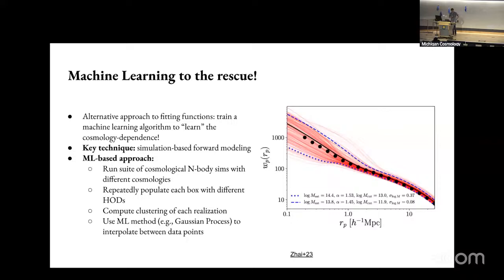Instead, you use a Gaussian process algorithm, which is a classical ML technique. This is not an AI technique. Essentially, it's a non-parametric interpolator, which has this nice property of having very well controlled and characterized errors on the interpolation. It's a very well suited technique for this purpose when you have limited training data.